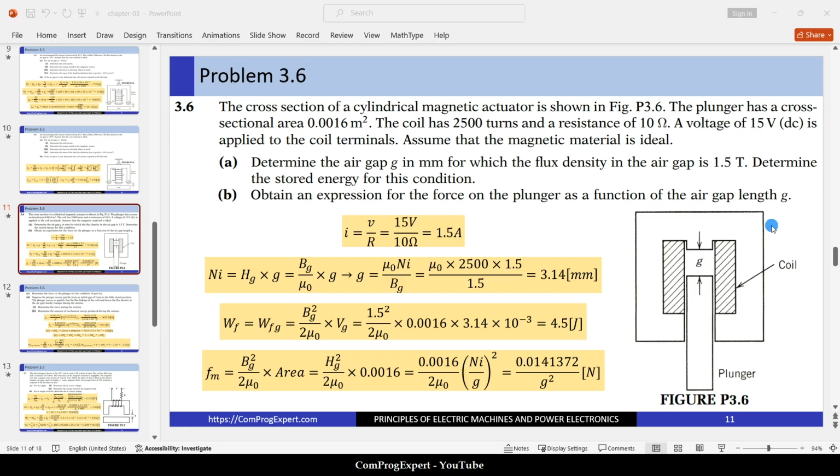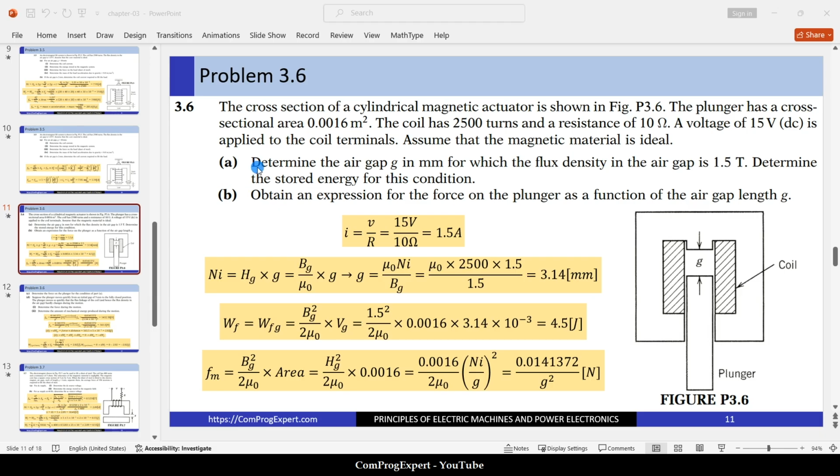We have this coil. This is the plunger, the stationary part, and this is the moving part. We have this gap here, this air gap. The resistance of the coil is 10 ohms and a voltage of 15 volts DC is applied to the coil terminals. Assume that the magnetic material is ideal.